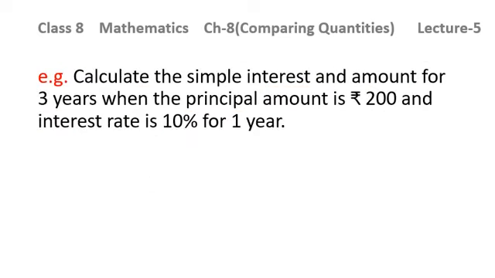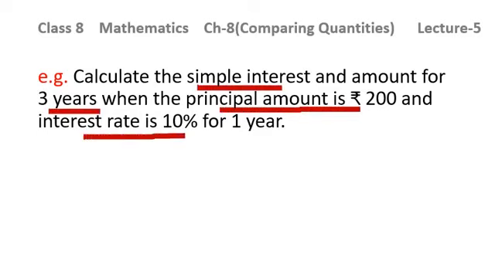Now for example, let us see how to calculate simple interest. Calculate the simple interest and amount for 3 years when the principal amount is rupees 200 and the rate of interest is 10% for 1 year.